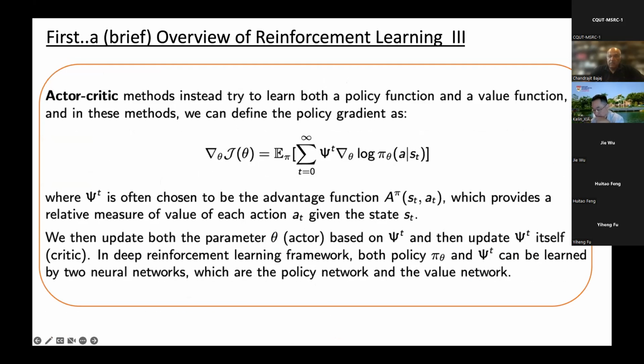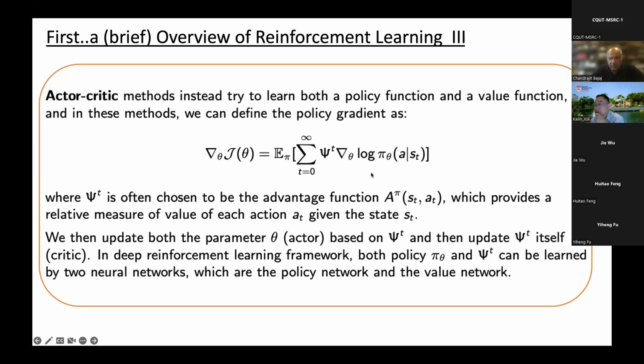Another very rich class of problems in reinforcement learning is what are called actor-critic methods. Here you learn both the policy function and the value function. The value function comes from the critic. It's like working together with a teacher. So while the actor is the agent that's learning, the teacher is also learning how to evaluate you so that it can guide you to the best policy that the actor can learn.